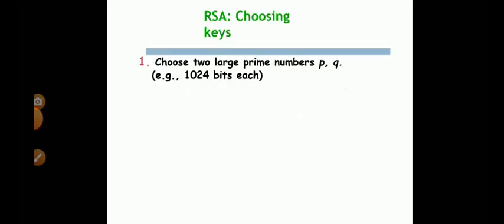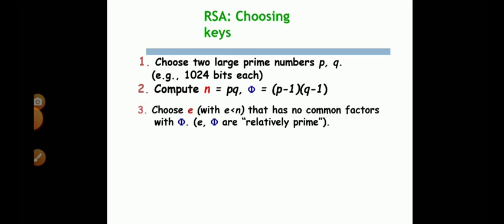Now we are going to discuss the RSA algorithm and how the keys are chosen. First, choose two large prime numbers P and Q, for example 1024 bits each. The second step is to compute n, where n is equal to P into Q, and phi is equal to (P minus 1) into (Q minus 1).